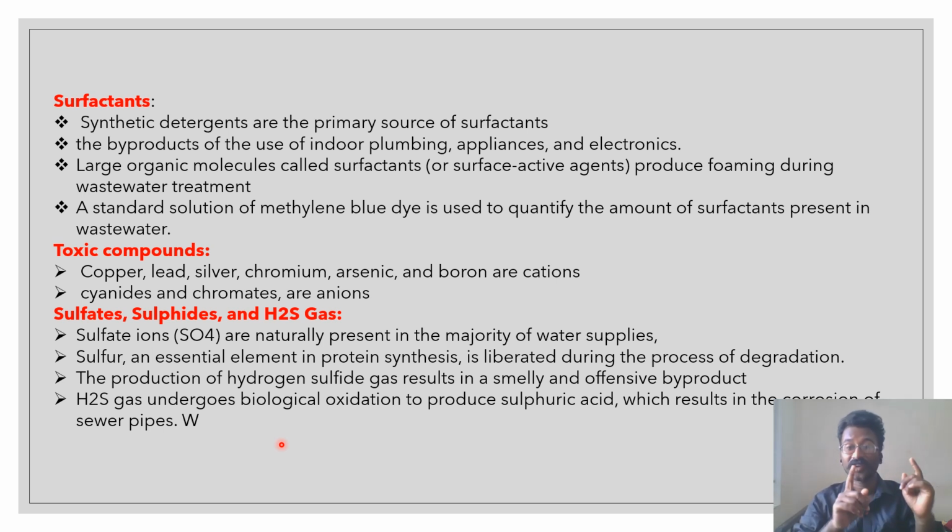The production of hydrogen sulfide gas results in a smelly and offensive byproduct, which we already saw in the physical characteristics of odor. Here the H2S gas undergoes biological oxidation, producing sulfuric acid H2SO4, which also results in the corrosion of sewer pipes. This is all about sulfate, sulfide and H2S gas.